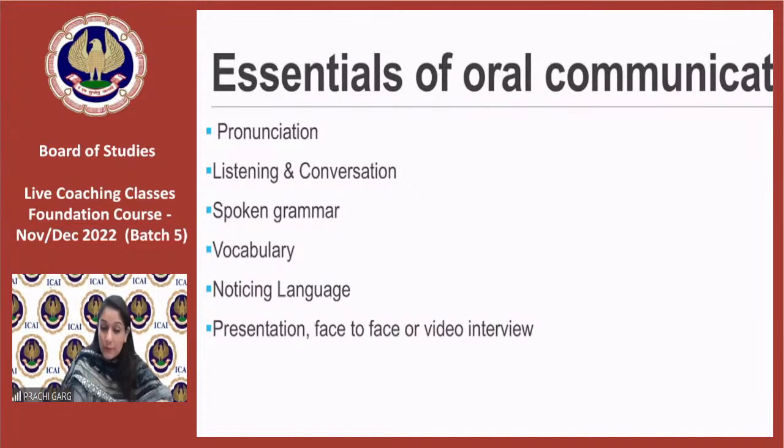Now, what do you mean by pronunciation? So pronunciation is basically a physical activity, right? There is a proper use of muscles when you are speaking. Okay, the muscles of the mouth, lungs, lips, tongue, jaw, and voice, everything comes together to form a pronunciation.